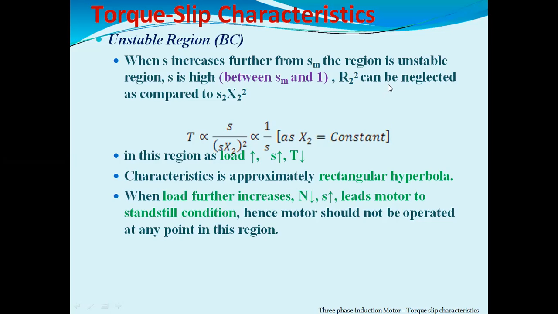At that time, we can neglect the value of R2 square as compared to (S x2) square. In the stable region, we neglected (S x2); here we are neglecting R2 and considering S x2. It means the torque will be inversely proportional to S.